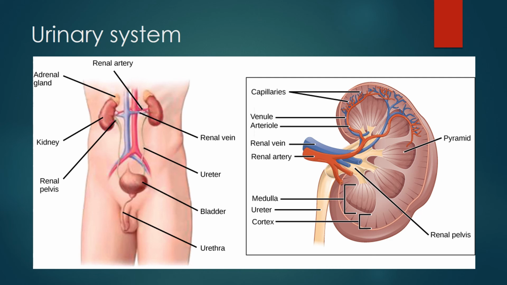The waste is collected in larger tubules and then leaves the kidney in the ureter, which leads to the bladder where urine, the combination of waste materials and water, is stored. The bladder contains sensory nerves, stretch receptors, that signal when it needs to be emptied.